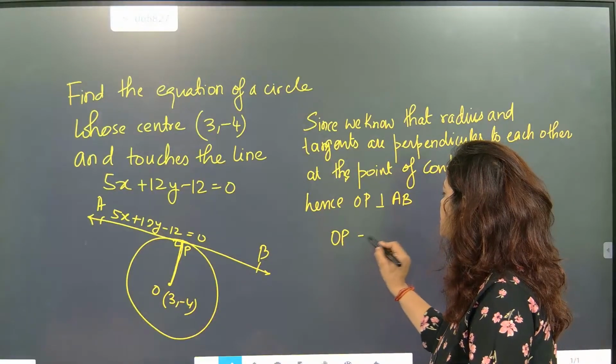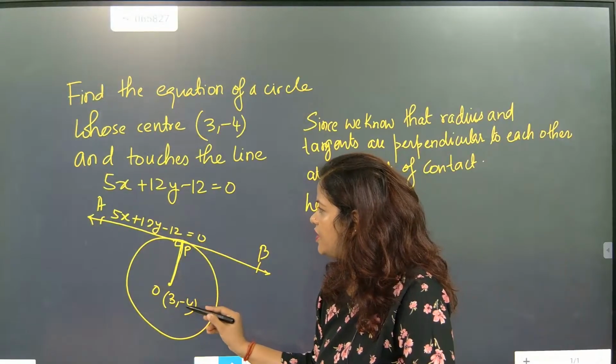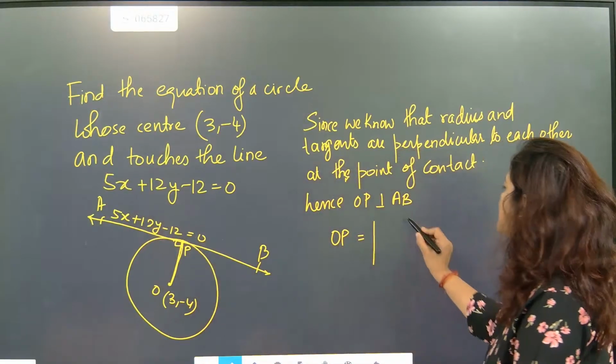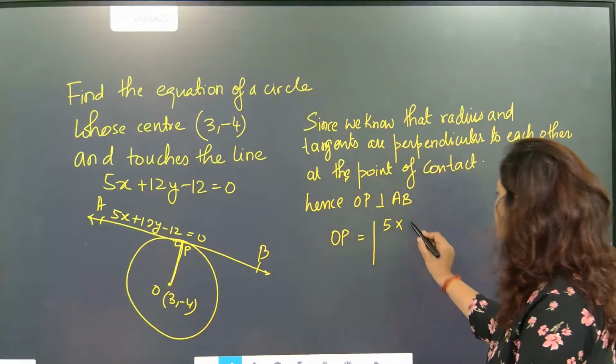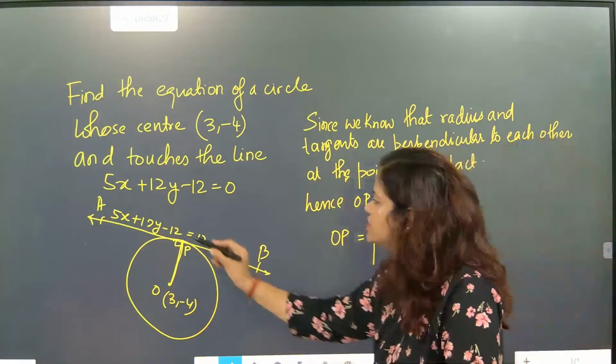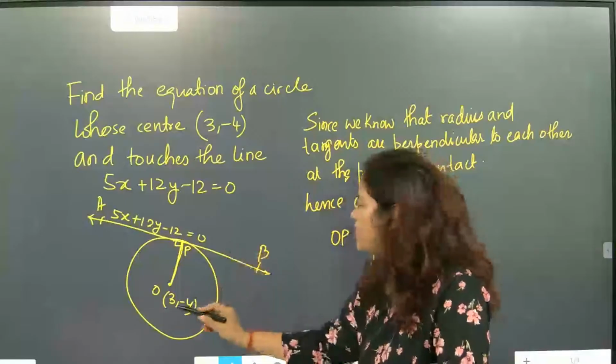So OP is equal to modulus of whatever is the equation of the circle given, this point we are going to substitute there. So 3 we will put instead of x, minus 4 in y, because we already know this distance formula.